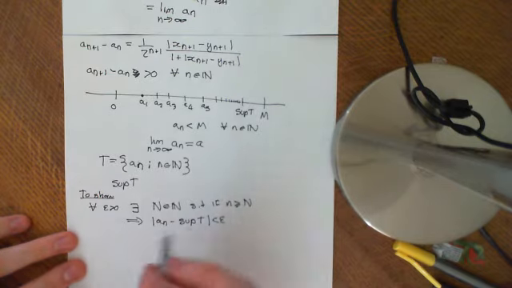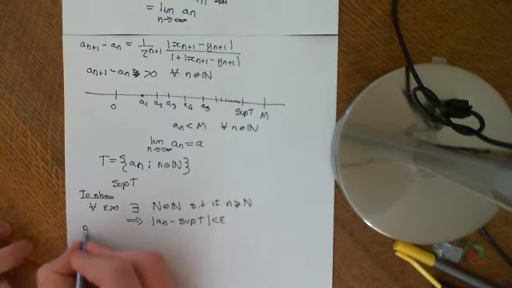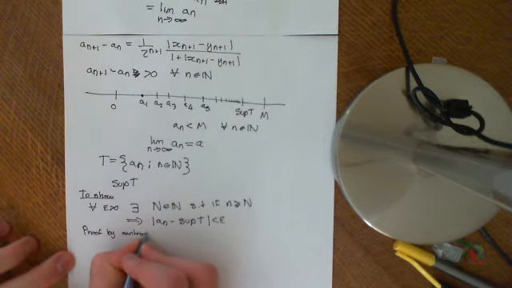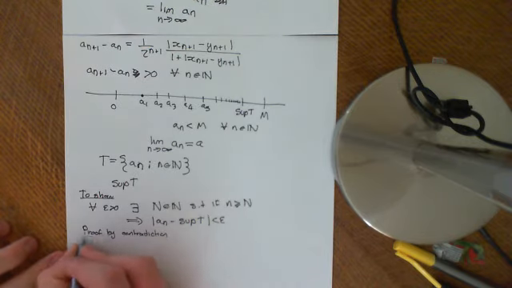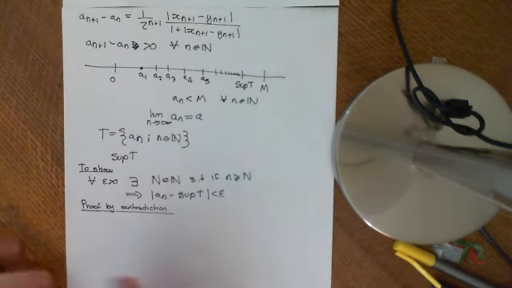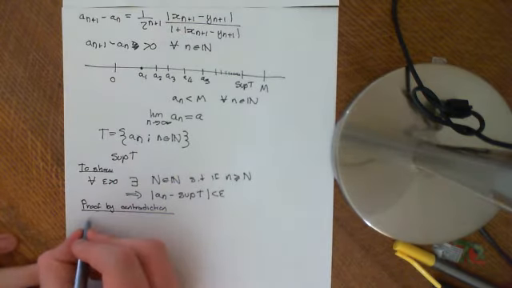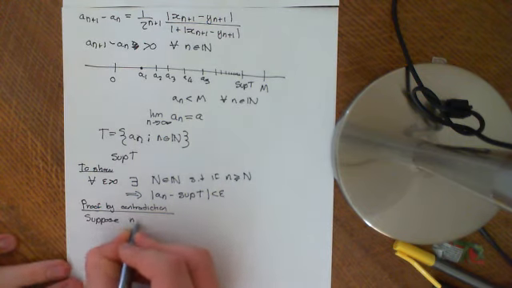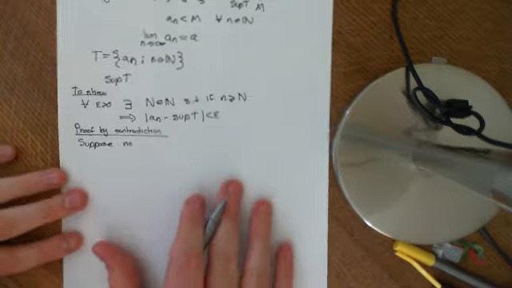If this is not true, we'll do a proof by contradiction. Suppose it's not true, and I want to move this up so that you can see it properly.